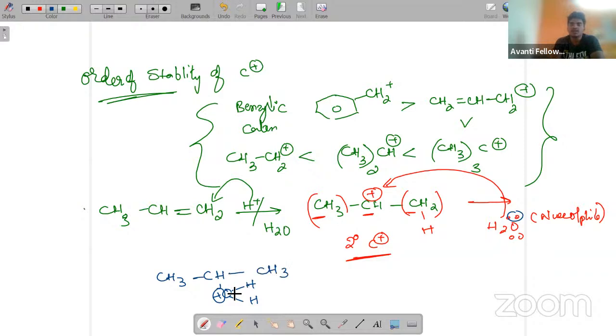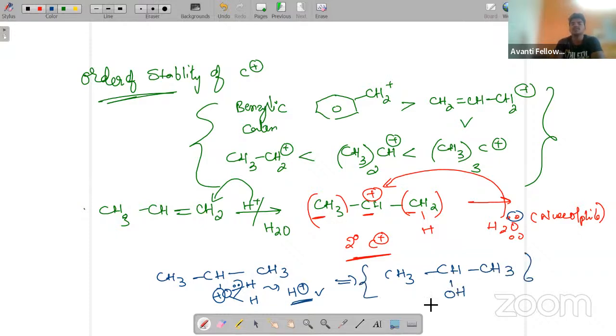Now the positive charge on oxygen is unstable. It will take the shared pair of electrons from one of the hydrogens by releasing it as an H plus ion. So I told you H plus is acting as an acid catalyst, so again H plus will go out as an acid catalyst. So now you get CH3-CH(OH)-CH3. I hope you guys understand this one.